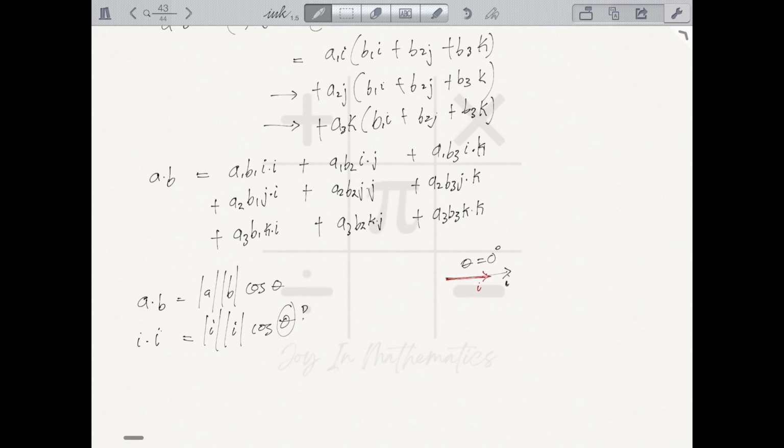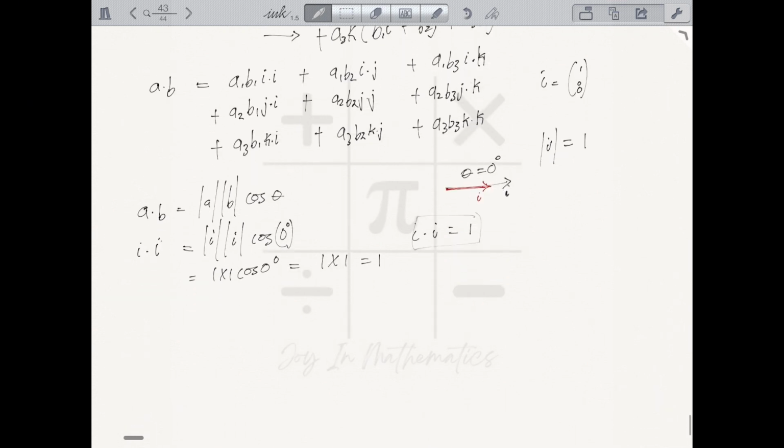The magnitude of i, being the column vector (1, 0, 0), is equal to 1. So if we substitute angle theta as 0 degrees, this will be 1 multiplied by 1 cos 0, and cos 0 is equal to 1. So we can say that i dot i is equal to 1.